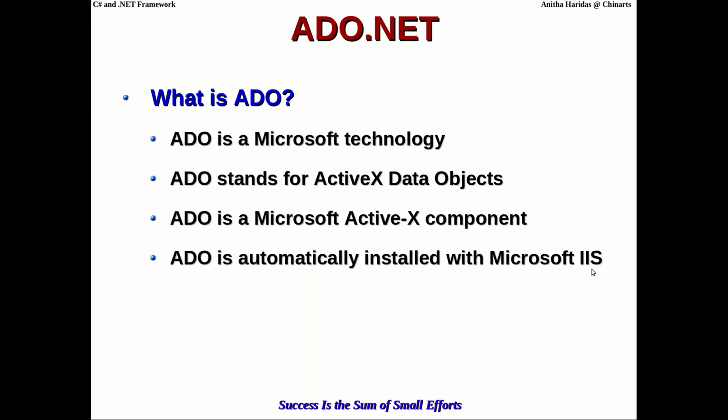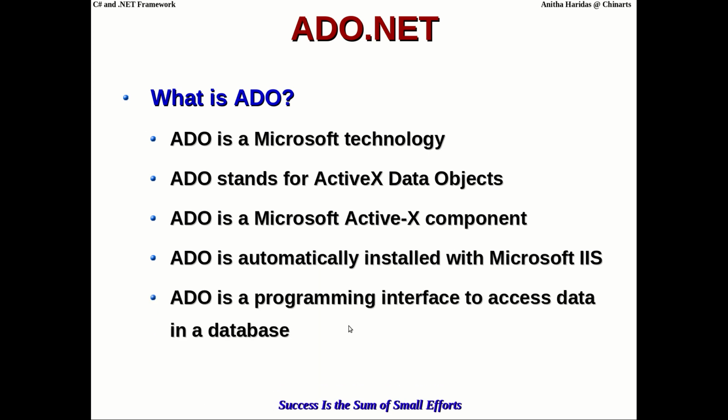So you can easily connect an ADO with your web application. If you want to run a web application, you need IIS, which is nothing but Internet Information Service. As you have Apache as the web server in the Linux environment, for Windows you have Internet Information Service. So ADO is a programming interface.